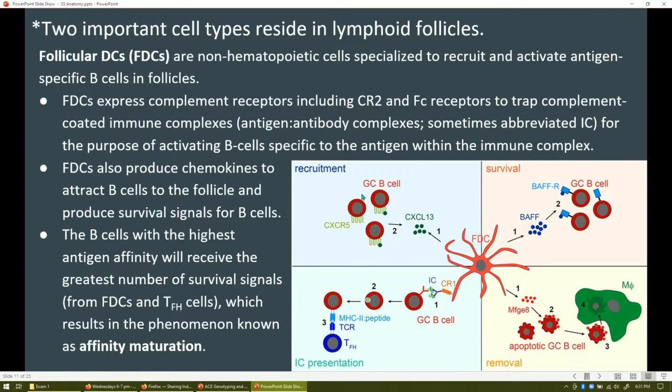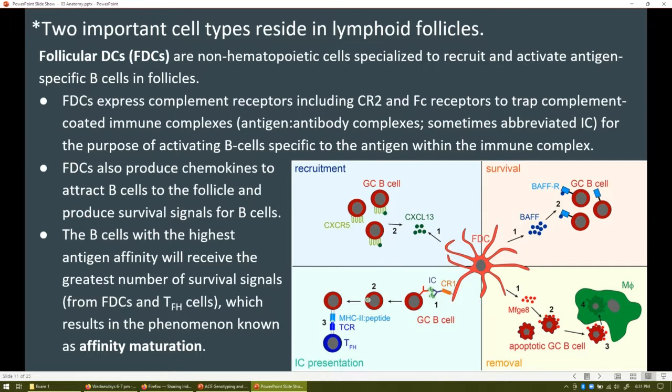So basically, you have an infection. The bacteria that's causing infection is producing all these proteins and all these antigens that are draining into your lymphatics and into your lymph node. Those antigens are going to become coated in complement.